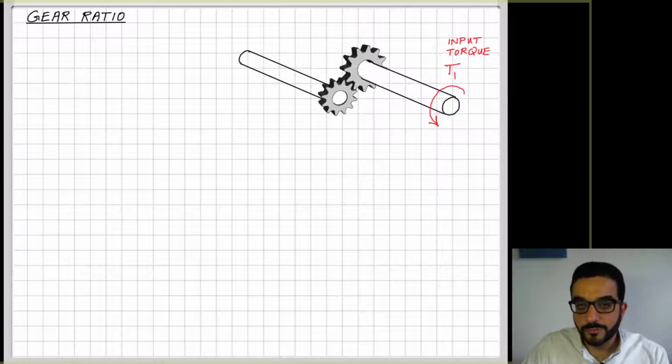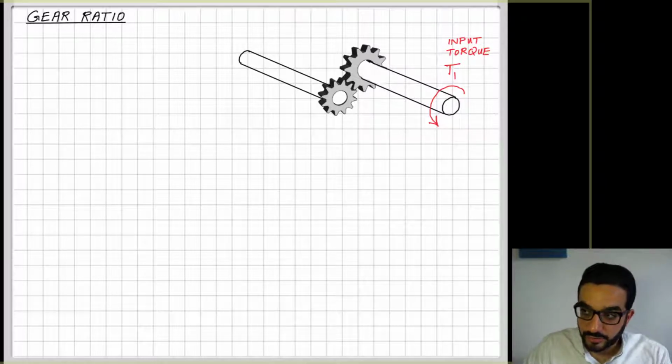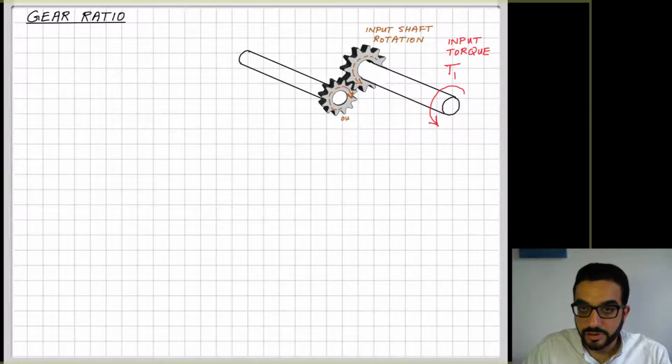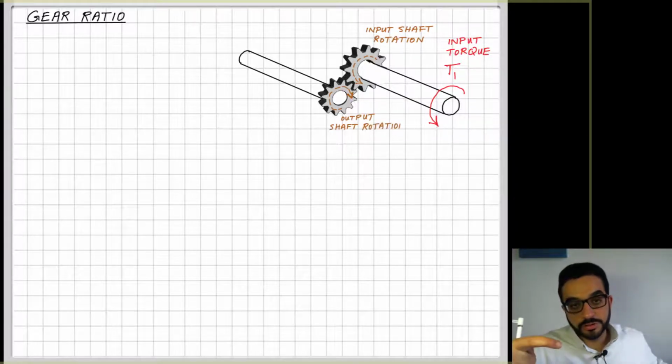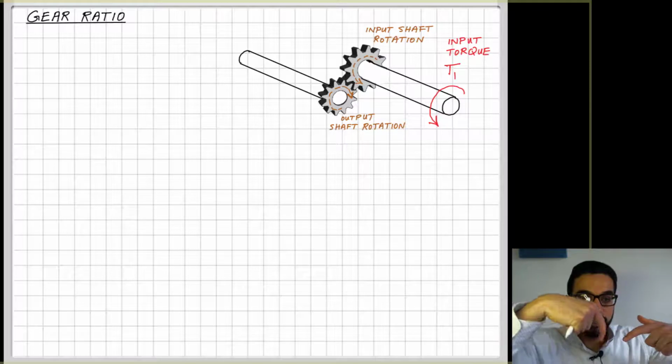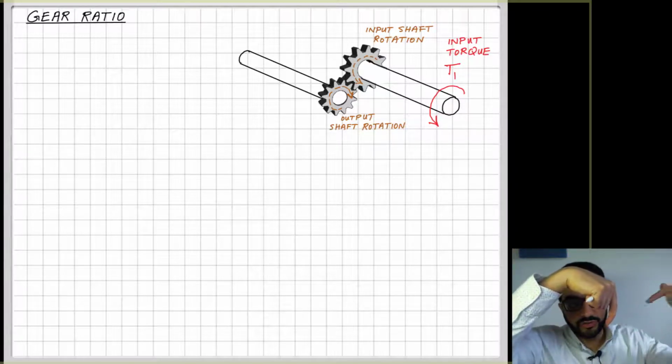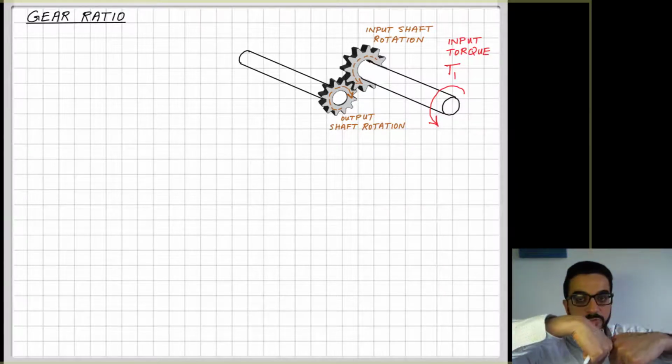So the power flows from the right shaft to the right gear, to the left gear, to the left shaft. There is an input torque, T1, and that input torque causes rotation of the input shaft in this direction. When one gear moves in one direction, the other gear, connected to it, follows.